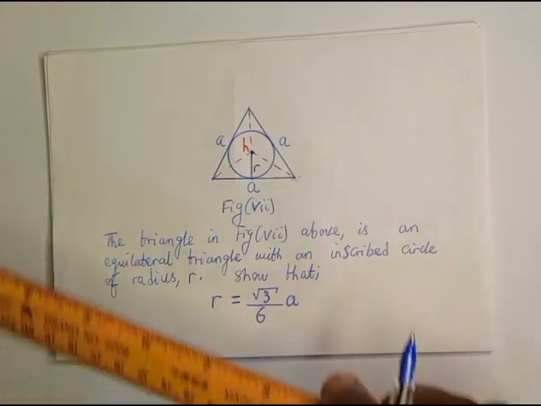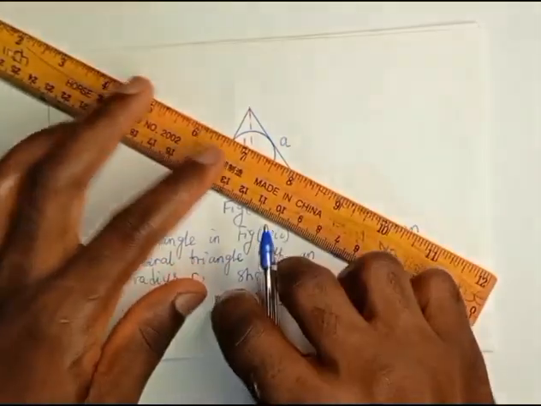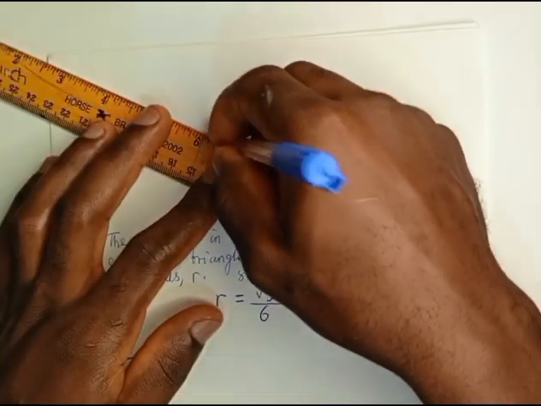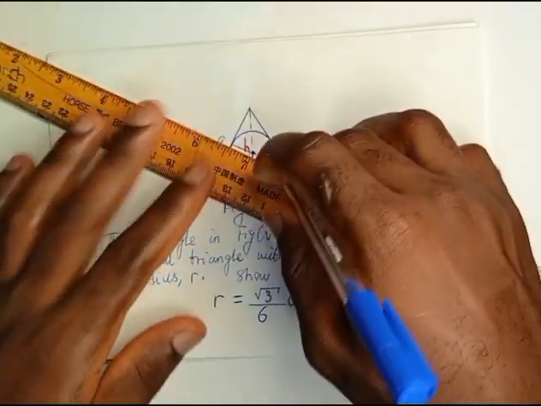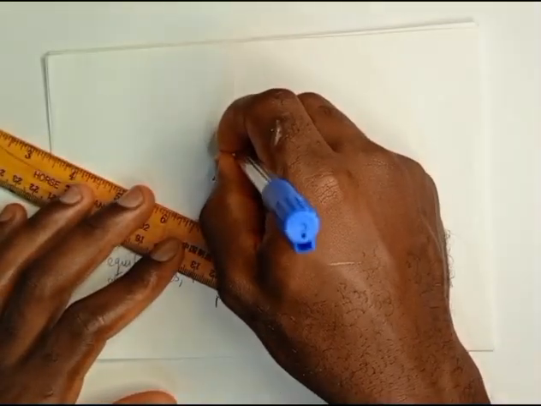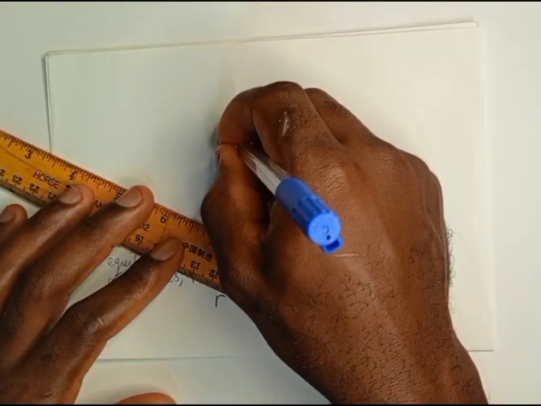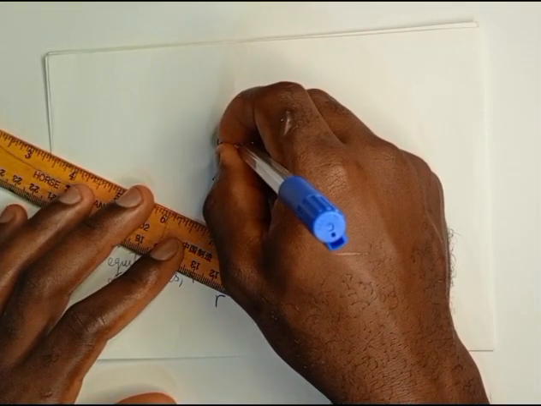Now let's indicate their vertical heights. For this one, the height will simply be the radius, which is R. And here the radius is perpendicular to this line.